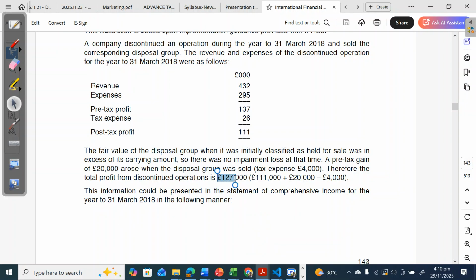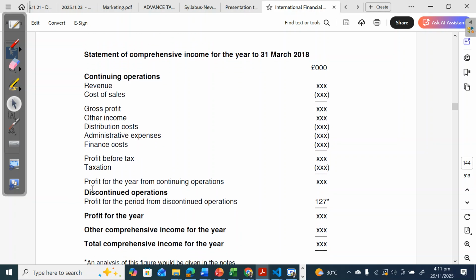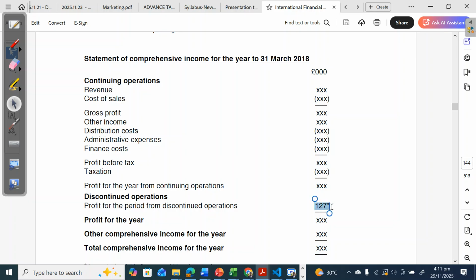When you get this 127, you come and show it in your main P&L. It means the 127, even the profit from continuing operation is inside.